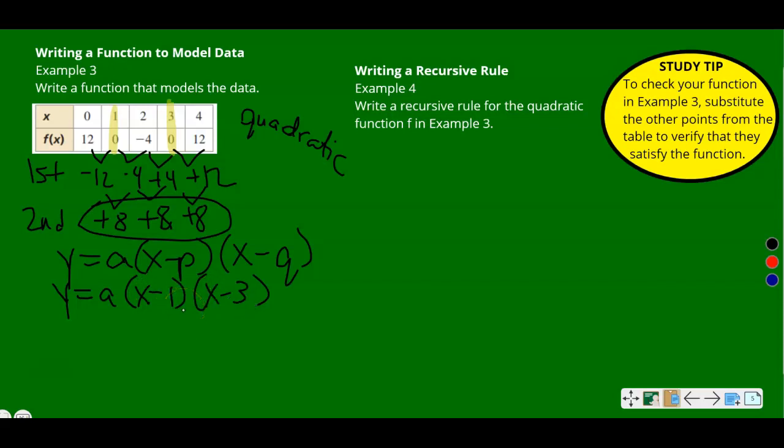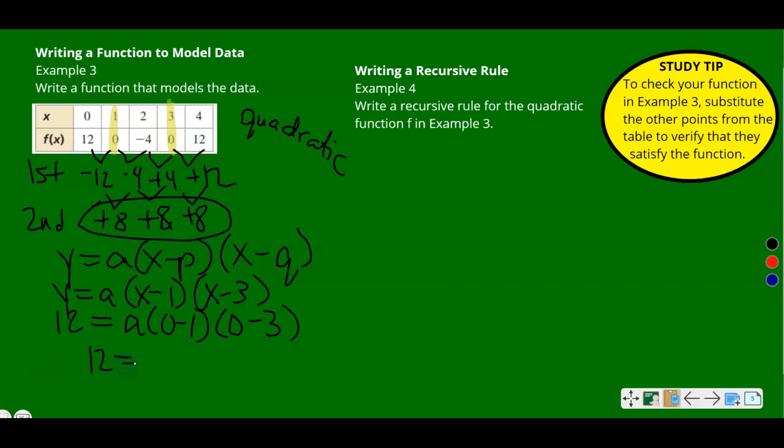Now, we can choose any other point in the table to plug in for x and y, so we can solve for a. So let's use 0, 12. So my x is 0, my y is 12. F of x, remember, is the same as y. So I'm going to take this equation. I'm going to plug in 12 for y, and I've got a, and then for x, I'm going to plug in 0. So 0 minus 1, and 0 minus 3, and then we can solve.